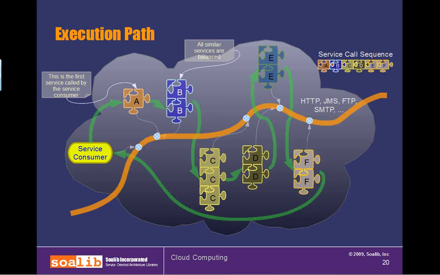That means B is virtualized. Similarly, C is also stacked. That means C services are virtualized. Similarly, D is virtualized, E is virtualized, F is virtualized. Virtualizing is required for load balancing.